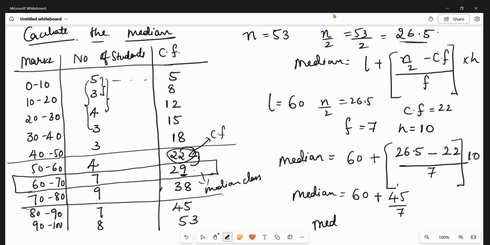Simplify this and you will get 6.4. So you will get 66.4.